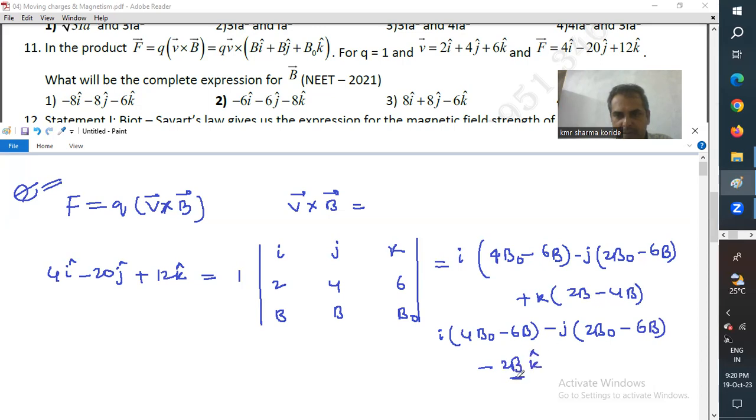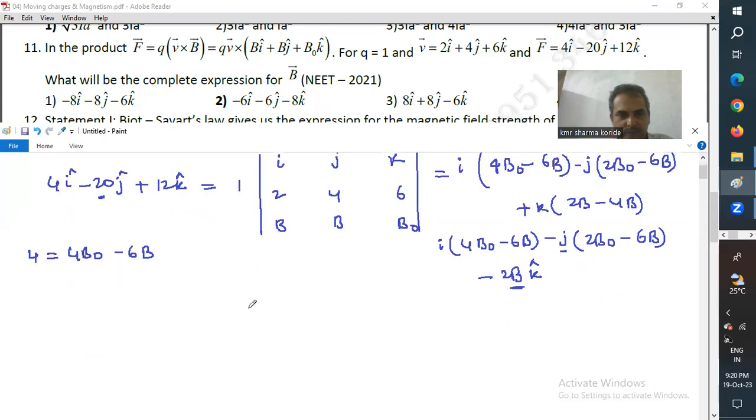So let us compare. 4 is equal to the I component, so 4B naught minus 6B. Here is minus, here is minus, so straight away you can write 2B naught minus 6B is equal to 20, and the last, minus 2B, is equal to 12. So therefore B is equal to minus 6.